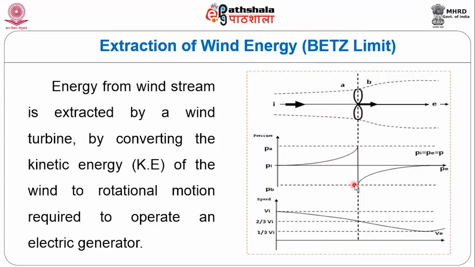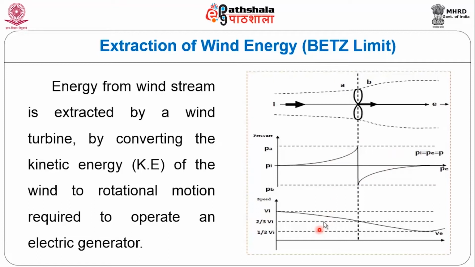In the downstream, the pressure kept on reducing, and here we see that it becomes atmospheric pressure, P suffix E. So, here P I is atmospheric pressure, P suffix E is also atmospheric pressure, and before the blade the pressure is increasing, and in the downstream the pressure kept on decreasing. This is about the pressure profile.